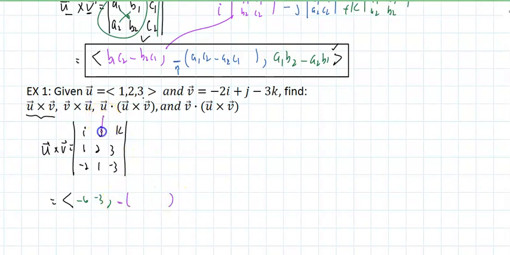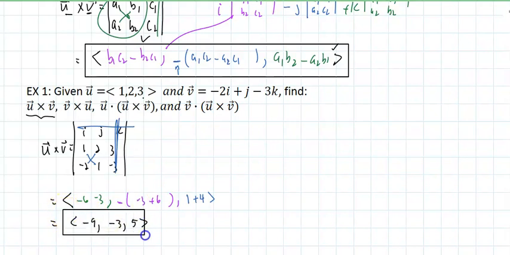We always put a negative in front of the j component. Negative 3 minus a negative 6 is plus 6. And the k component, 1 minus a negative is a plus 4. So I'm getting this vector to be negative 9, negative 3, and 5. I was given two vectors, and I just found the cross product of those.